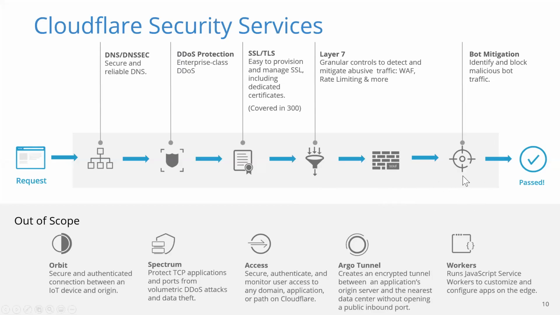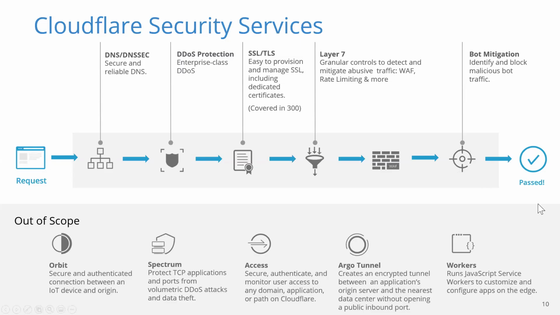We will be covering how our bot mitigation works in, I think, tomorrow's session, going in depth into the rules you can implement to target and monitor the bot traffic in your environment. After this, it will pass, and then the traffic will go to the performance piece of Cloudflare.